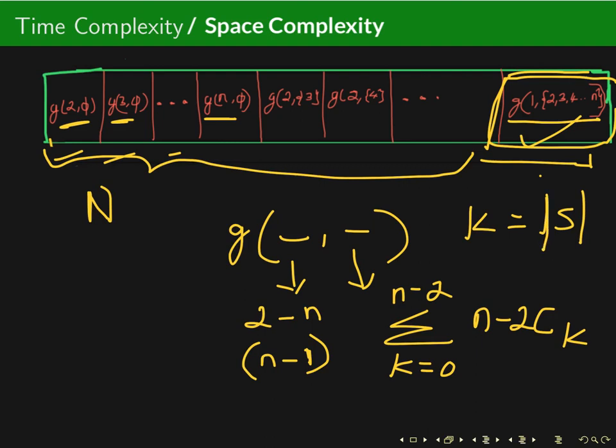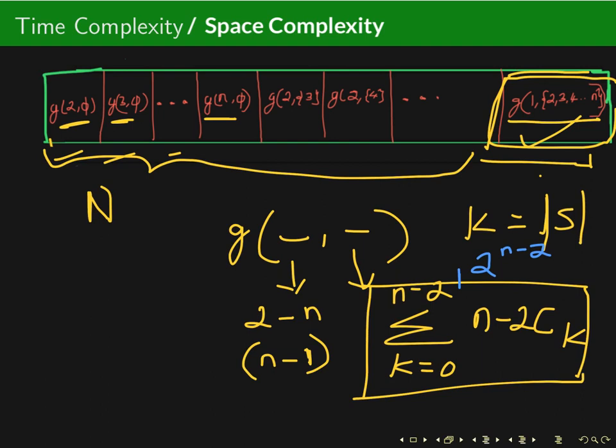So it can be easily identified that this quantity is nothing but 2 raised to n minus 2, because this is nothing but the number of subsets of a set having size n minus 2. So the total number of GISs that are to be calculated is going to be a product of n minus 1 into 2 raised to n minus 2.